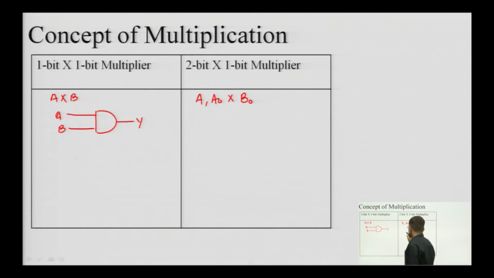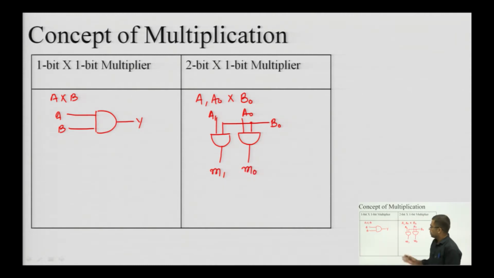Something like this, this will be my a 1 and this will be a naught, and both will be multiplied by b naught. And this will be my multiplication result. We can say it is m 1 and m naught. So, we have extended the concept of 1 cross 1 multiplication to 2 cross 1 multiplication.